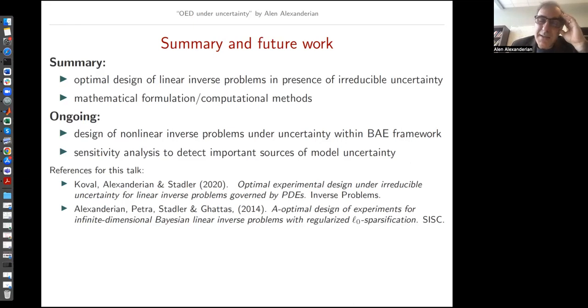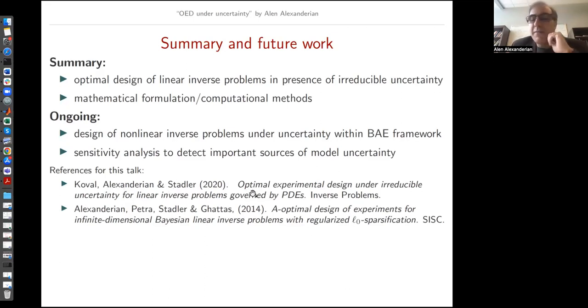This sensitivity analysis, let me first talk about the references. The references for this talk on OED under uncertainty of the linear, irreducible cases: this paper that I wrote with Karina Koval, who, credit to her, did pretty much most of the coding for that paper, and my colleague Georg Stadler.